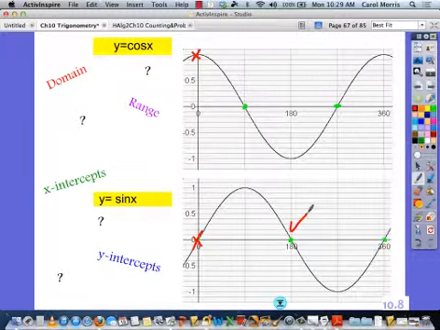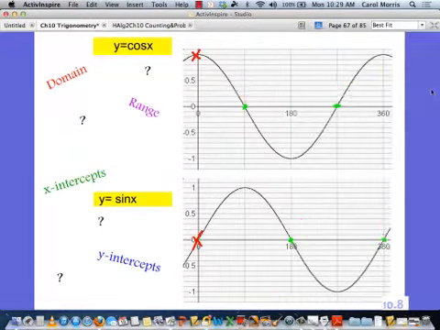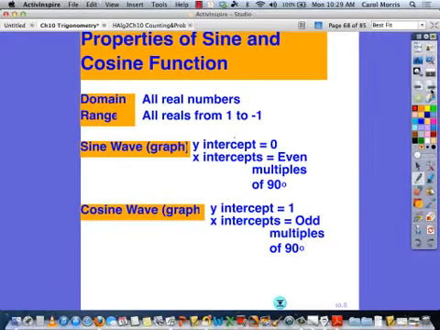So we got a 90 times 2 and a 90 times 4 here. We have a 90 times 1 and a 90 times 3 here. So the cosine is your odd and your sine is your even. And that's what we were talking about here. So the sine wave has the even multiples of 90 and the cosine wave has the odds.